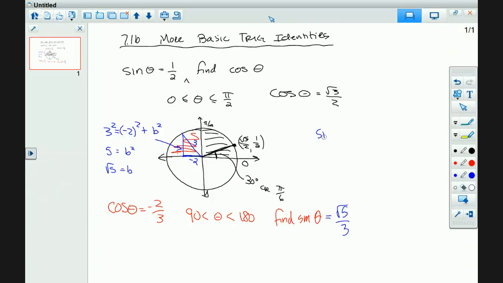So you can also use that identity. So I would plug cosine in. It's negative 2/3. And subtract the sine over. Okay, what's that, 4/9, and then I'm going to subtract 1.